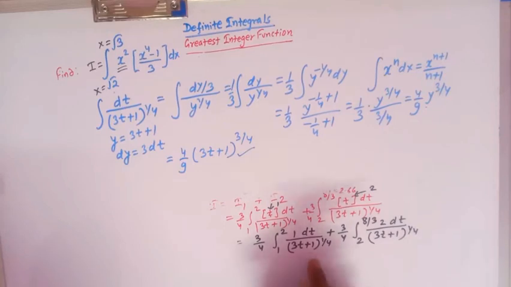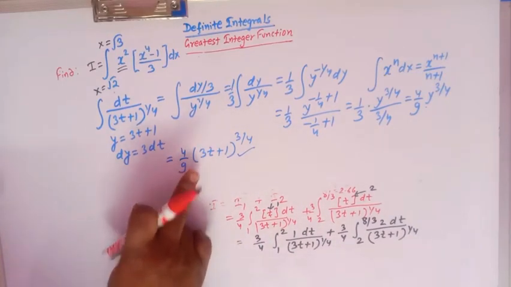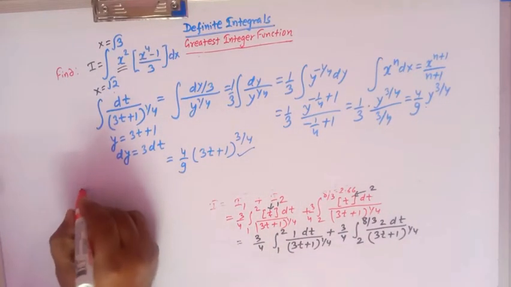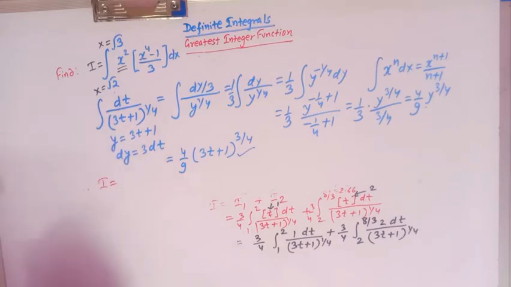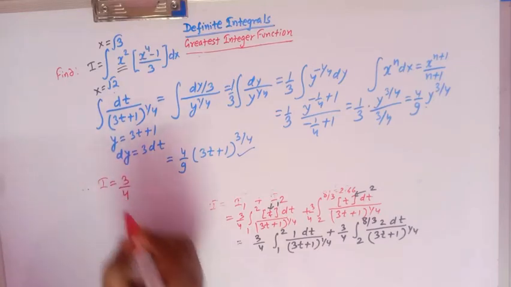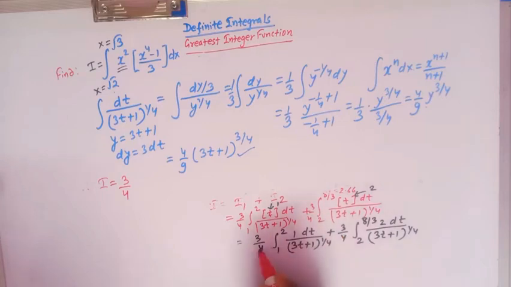So now replacing this result here, we have I is equal to 3 over 4, and here we can take out 3 over 4 common.